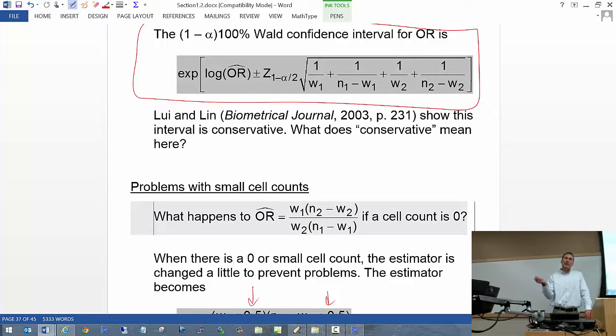And so my co-author and I debated whether we always want to use this adjusted interval all the time, similar to the Agresti-Coull. We decided, well, I didn't think the benefit was enough to warrant its use. So that's why I decided just to not use that constant unless you absolutely need it, and that is when you have a 0 cell count. Okay.